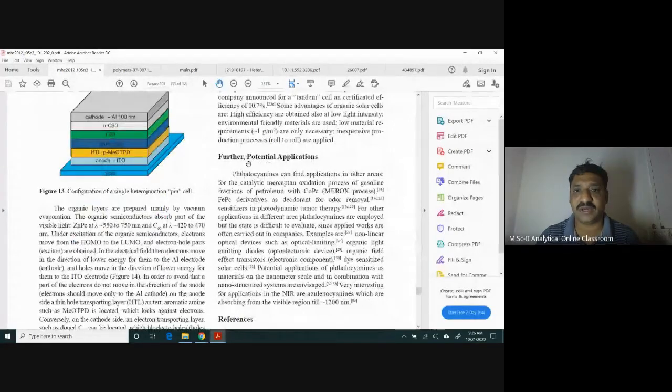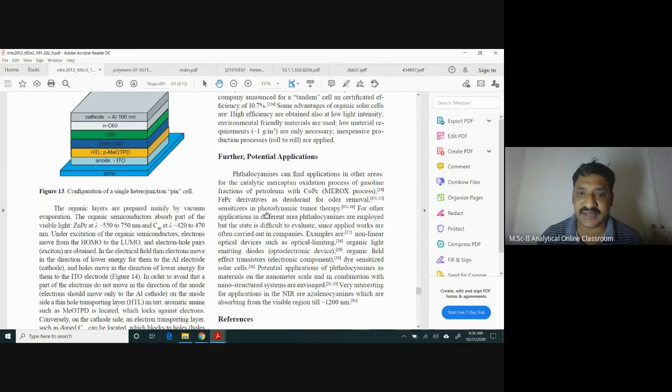So what is the further potential application? This is important. Phthalocyanine can find application in other areas: the catalytic mercaptan oxidation process of gasoline fractions of petroleum with CoPC, the Merox process; FePC derivatives as a deodorant for odor removal. So FePC is used in deodorants for odor removal.